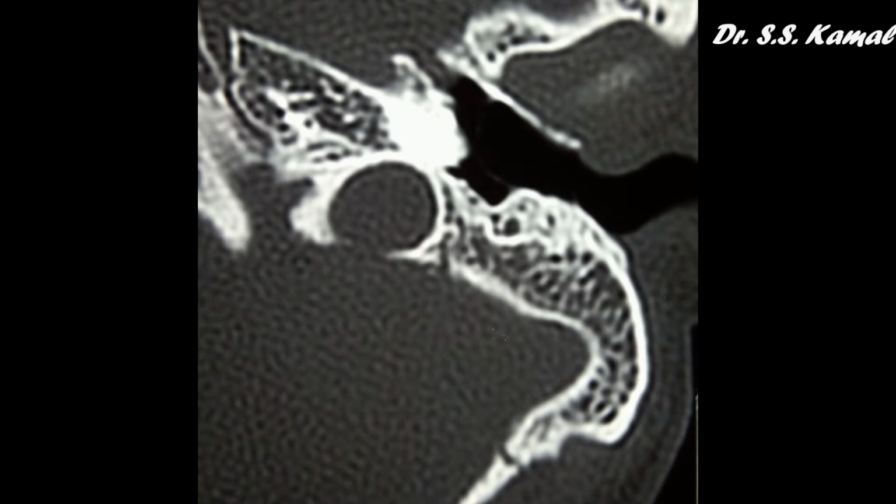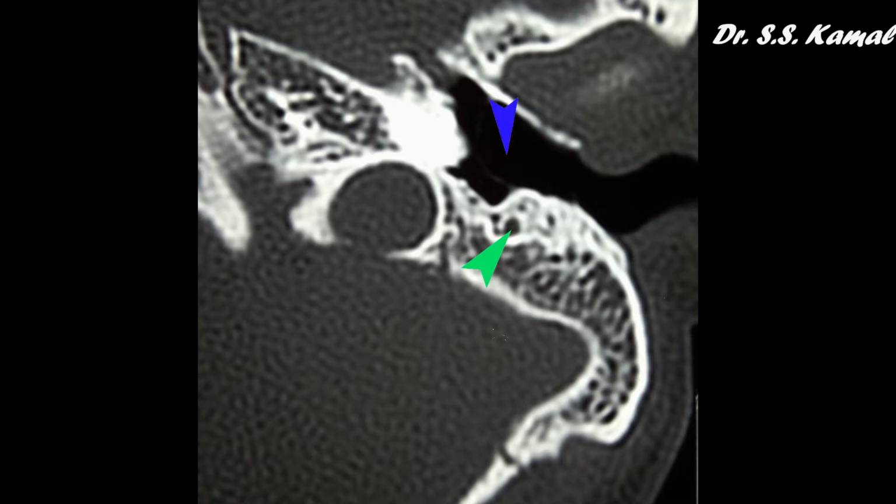In this axial CT scan view of left temporal bone, the green arrow is indicating the mastoid segment of facial nerve. The red arrow is indicating the anterolateral approach, where the dissection is directed from lateral to medial direction, focusing the anterolateral side of the mastoid segment of facial nerve.